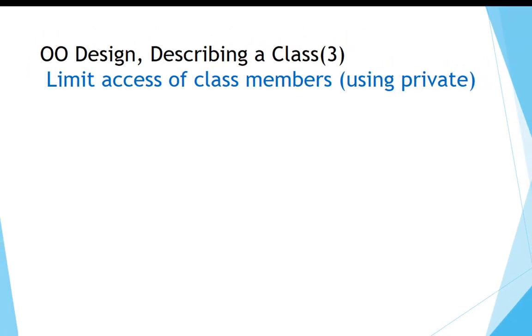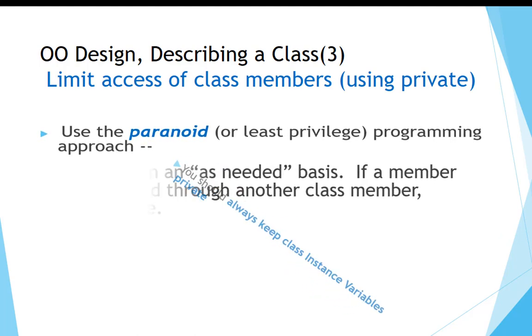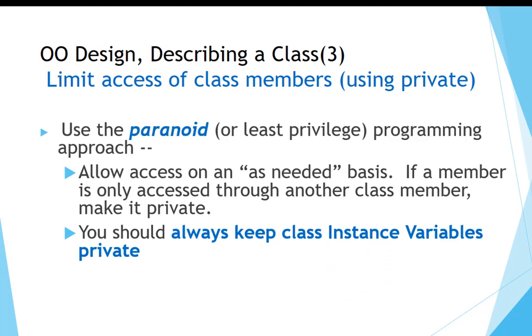The third part of considering our design for our class is the importance of limiting access of the class members. Here is where our approach really does diverge from CSC 121 structured programming. Remember, we are focusing on secure programming techniques.